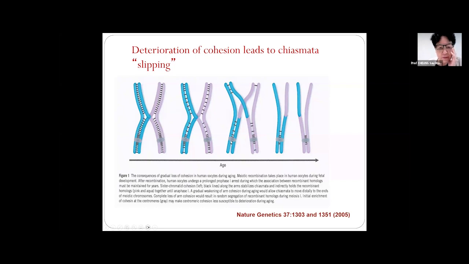As we age, these cohesins get looser and looser, so the chiasmata that used to be here gradually slips through. Once the cohesion is lost, the chromosomes become randomly distributed. That's why some chromosomes go to one cell and not the other, and therefore you have non-disjunction.